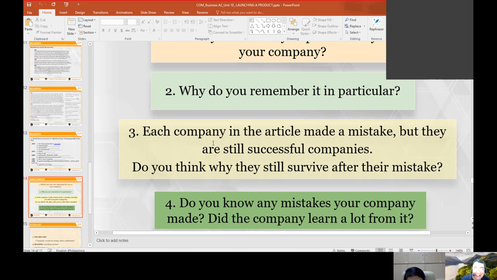Now, the company in the article made a mistake, but they are still successful, right? Why do you think they still survive after their mistake? After that, my boss in the brand wanted to sell to another company.